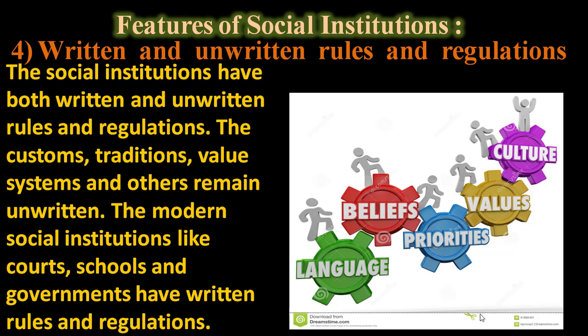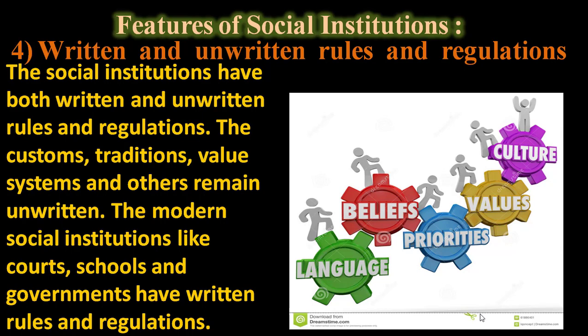Whereas some modern social institutions like courts, schools, and governments have written rules and regulations. I gave the example of the school, based on the timetable, the timings, and the syllabus.